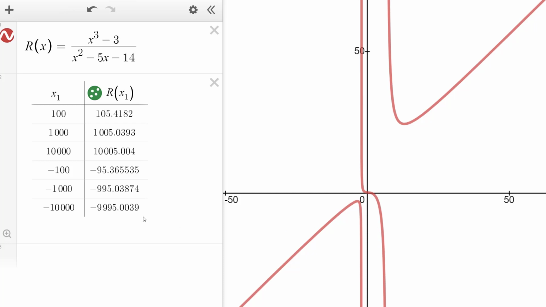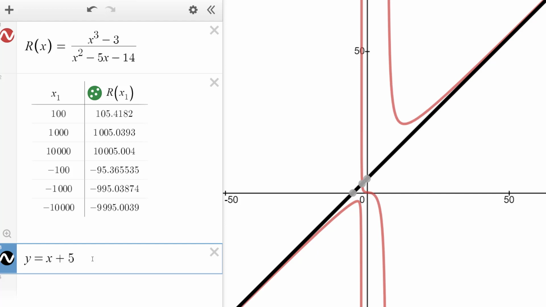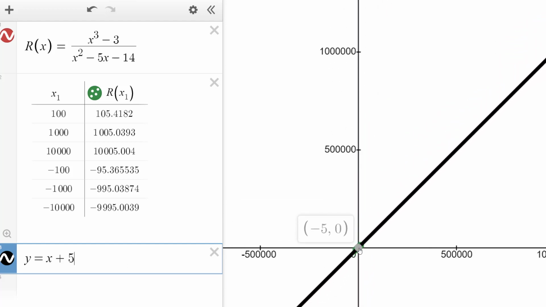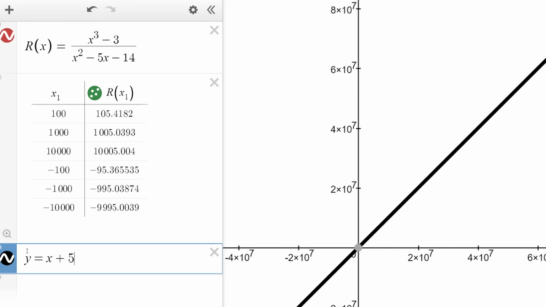And just to showcase it in Desmos here, let's go ahead and graph y equals x plus 5. Notice, in the long run, that is the behavior of our function, x plus 5. Let me turn it off so you can see. Turn it back on. Off, on, off, on.